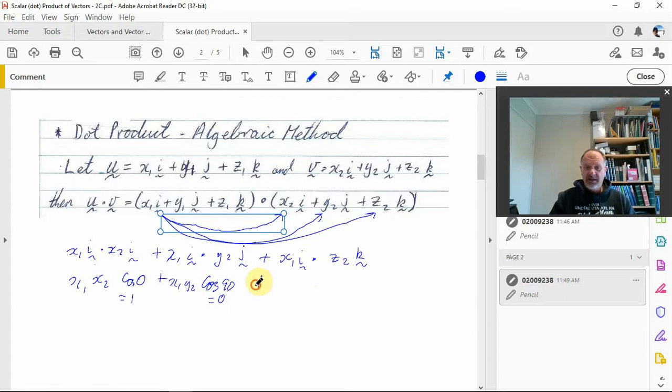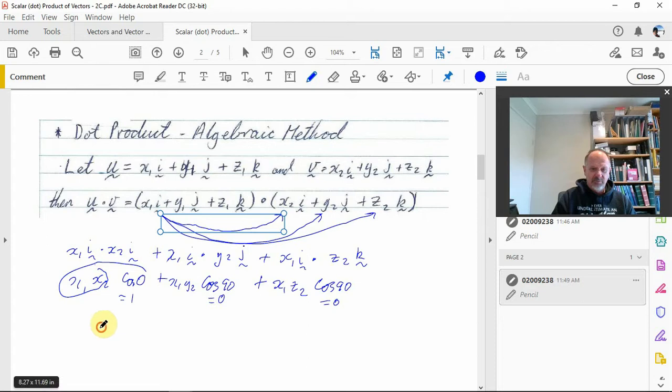Similarly here, we've got the magnitudes x1 and z2, i and k. i is in the x direction, k is in the z direction, and those two are at 90 degrees to each other, so that equals 0. So out of all of that, all we end up with is x1 x2.